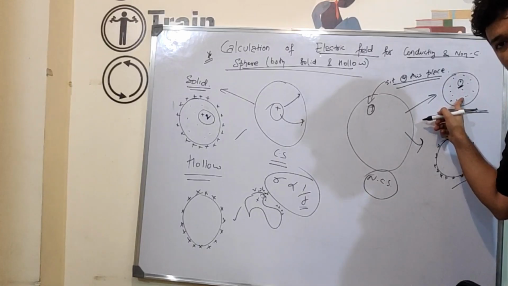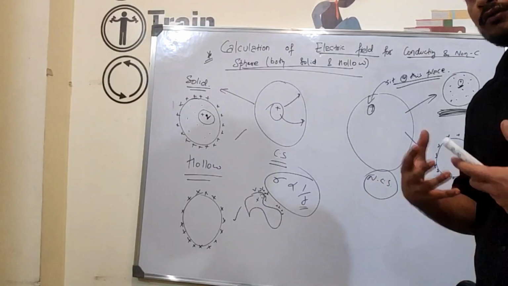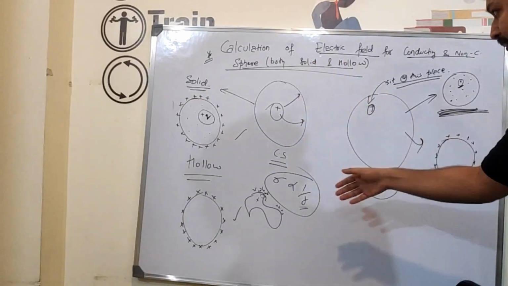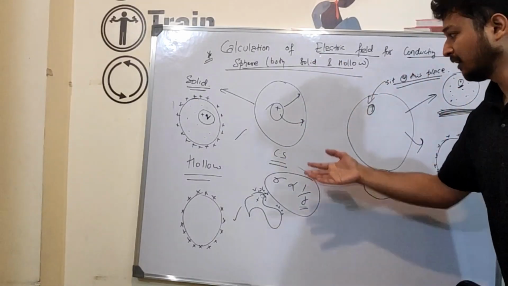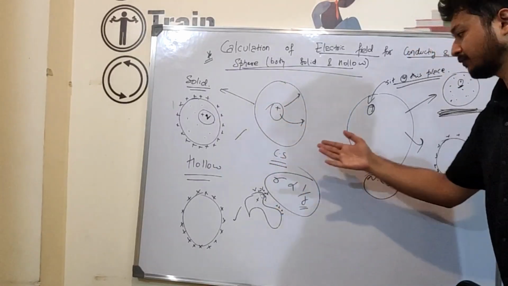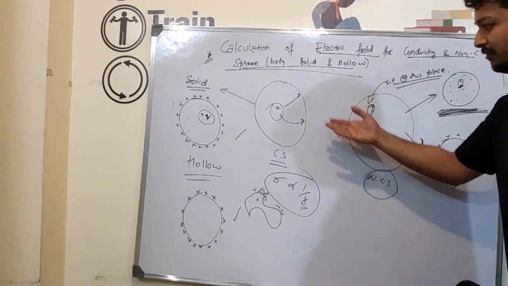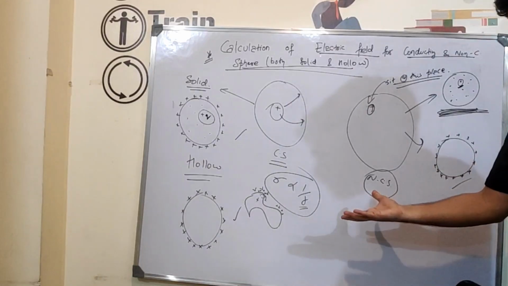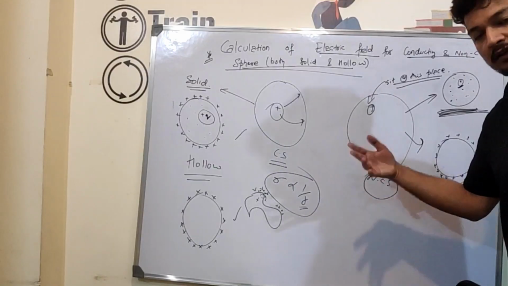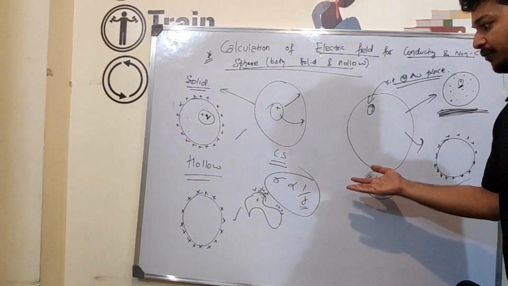So let's deconstruct how we are going to calculate the electric field and everything for all of these. You can see there are four cases: solid and hollow conducting sphere, and solid and hollow non-conducting sphere. But as I have told you, since in all these cases the charge distribution is the same, the value of the electric field, even if you derive it with any method, is going to be the same. We are going to derive it using Gauss law. I hope you all know what Gauss law is.